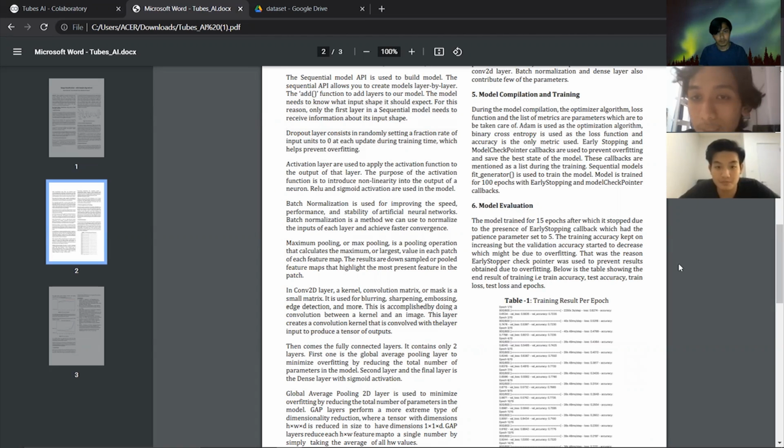Early stopping and model checkpointer callbacks are used to prevent overfitting and save the best state of the model. These callbacks are mentioned as a list during training. A sequential model with a generator is used to train the model. The model is trained for 100 epochs with early stopping and model checkpointer callbacks.